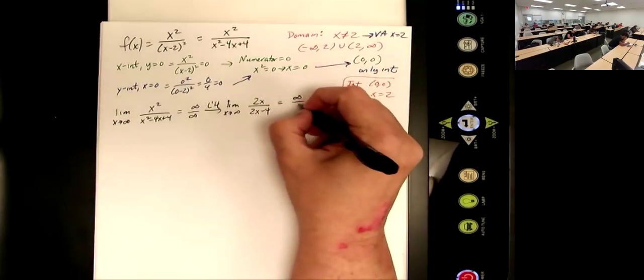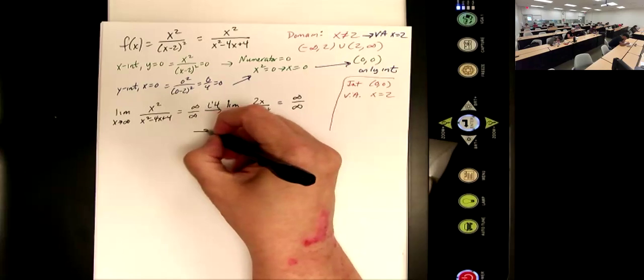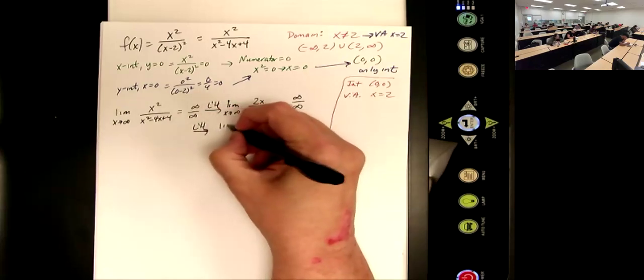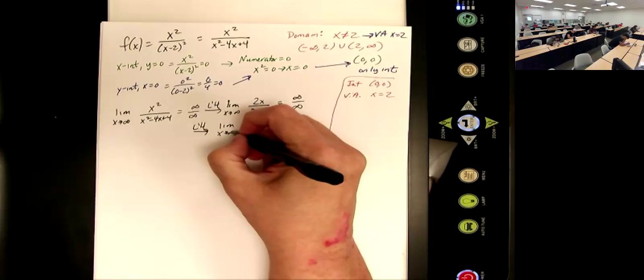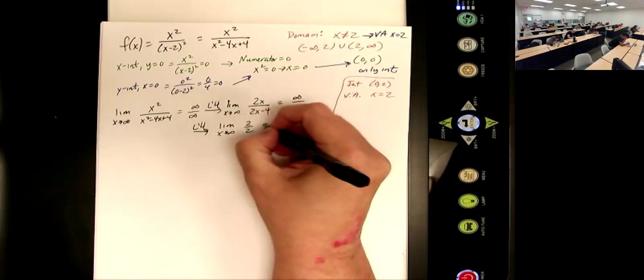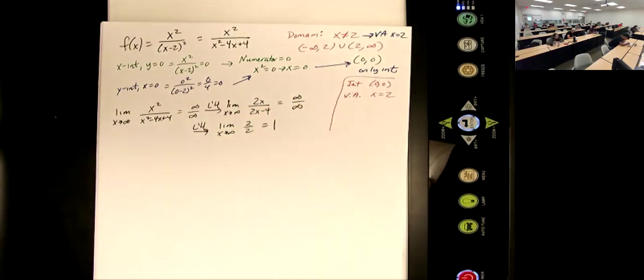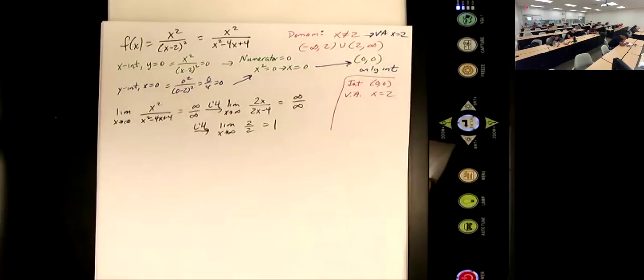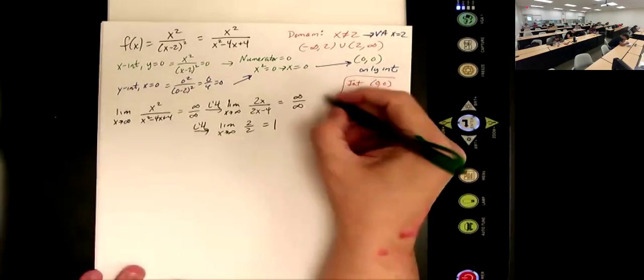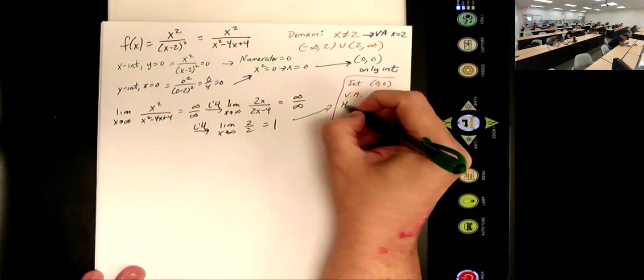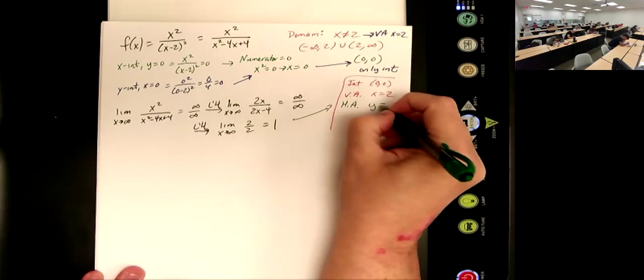Which is also infinity over infinity, which will give us another L'Hopital. So we have a horizontal asymptote where y equals 1.